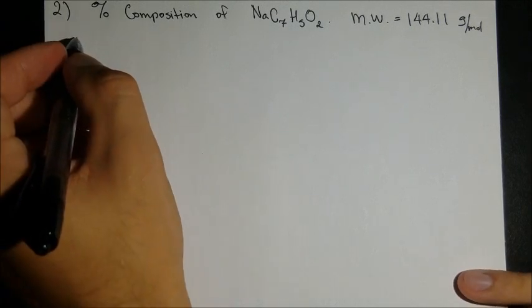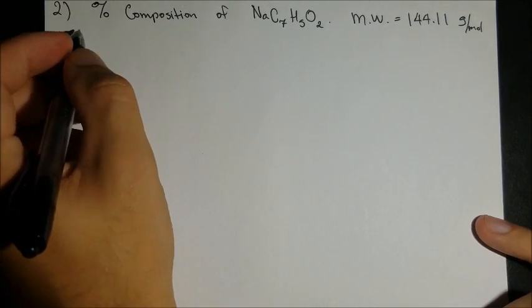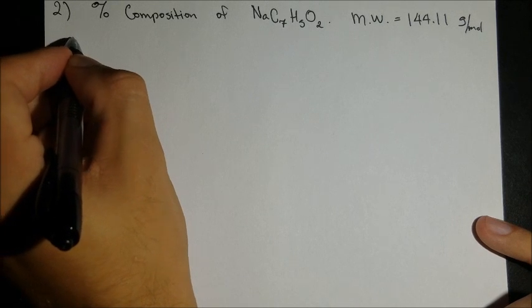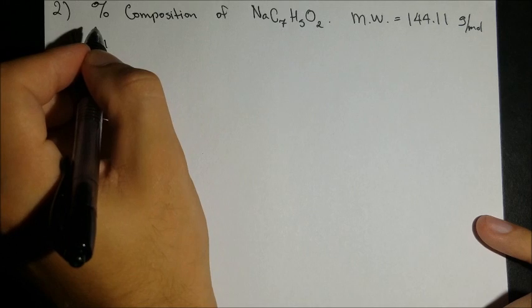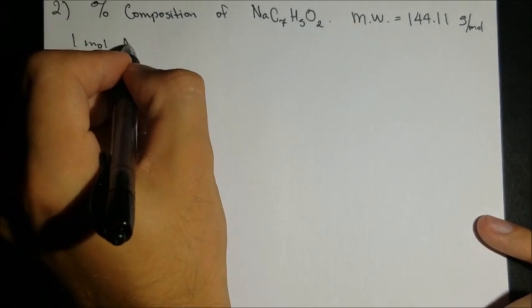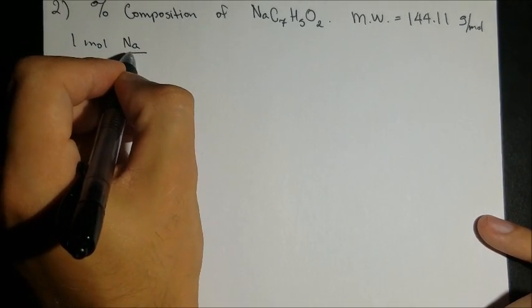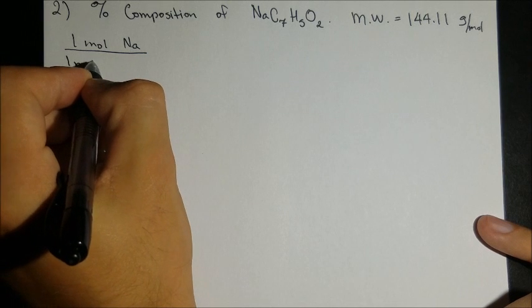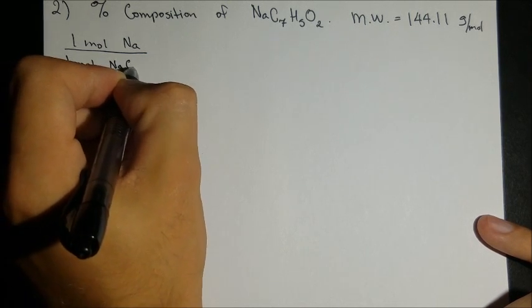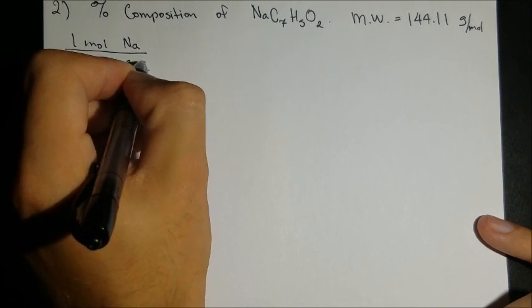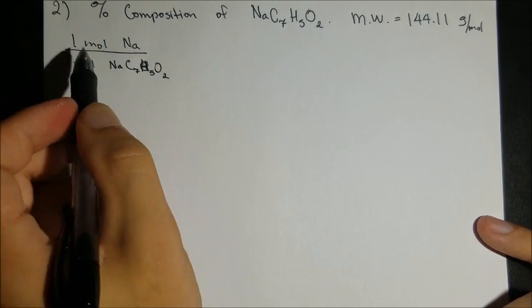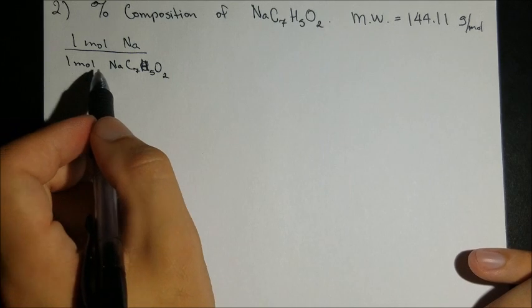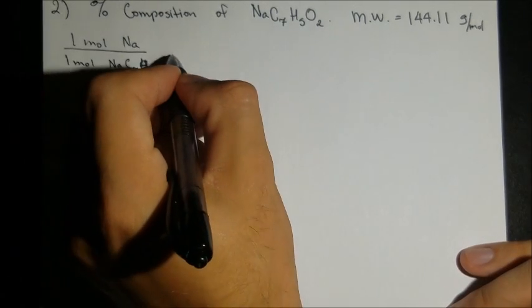So I'm just going to go ahead and run through this one a little bit more quickly. I'm going to say that for every 1 mole of this molecule, I have 1 mole of sodium. So 1 mole of sodium is found in every 1 mole of sodium benzoate.